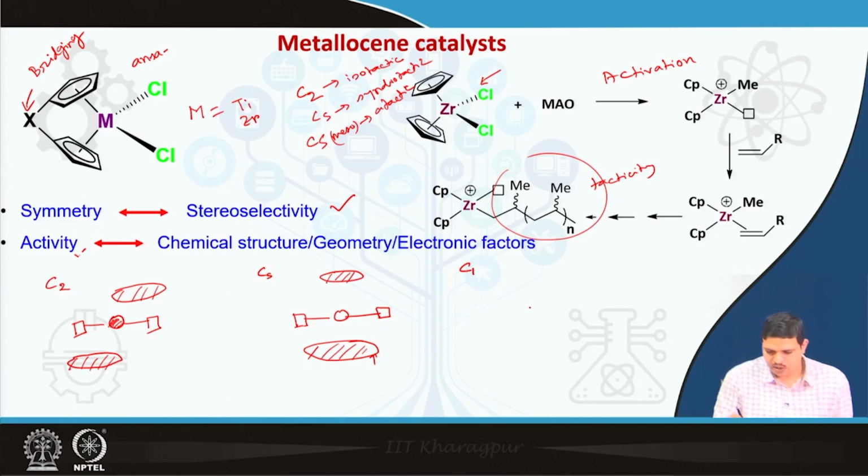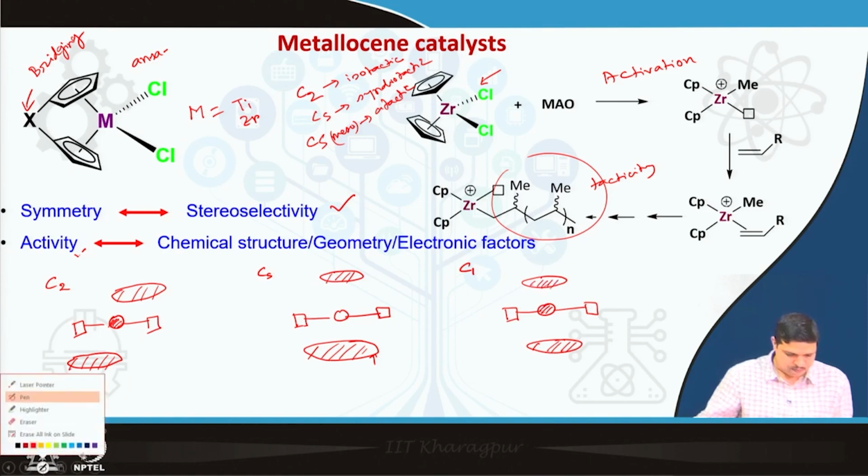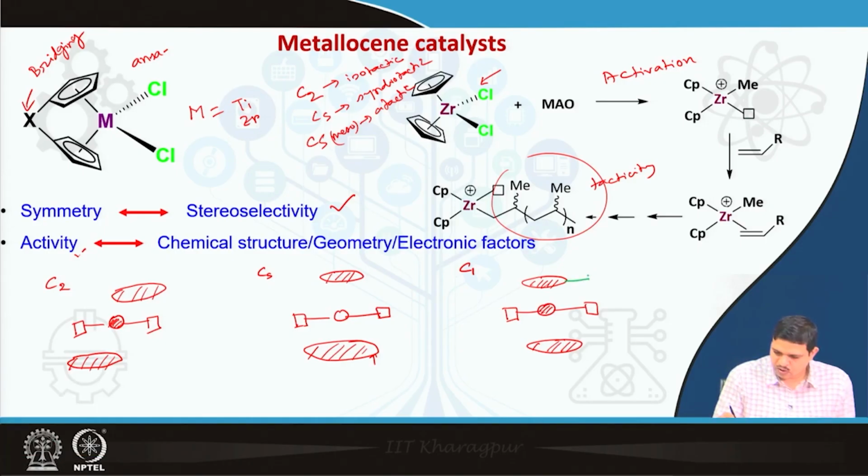So what will be the scenario? Again, let's say this is my metal and this is my back-end site, that is actually the active site for the polymerization, and let's say this is one ligand and this is the other ligand, but this is not symmetric, so put another substituent, like another aryl or alkyl.